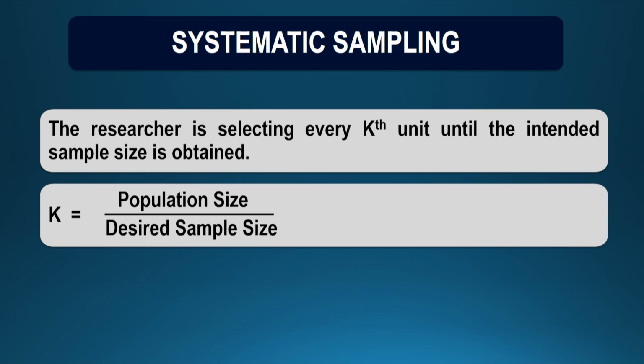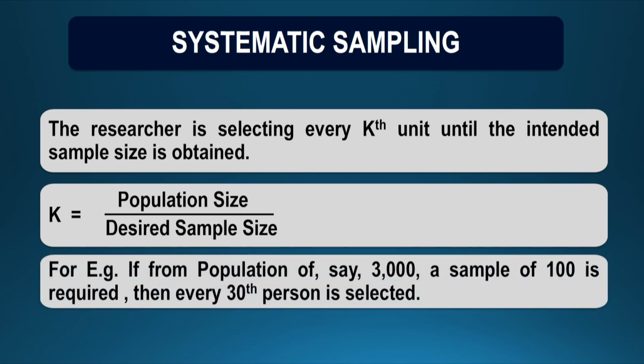Say for example, if from a population of 3000, a sample of 100 is required, then every 30th person is selected from that list.